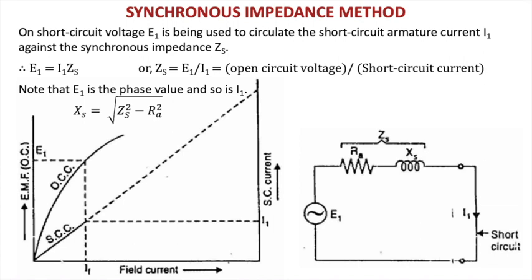E1 by I1 is equal to the synchronous impedance, that is, the open circuit voltage divided by the short circuit current gives us the synchronous impedance. The synchronous reactance will be equal to the square root of ZS square minus RA square. RA is obtained from the measurement of the resistance of the armature circuit.